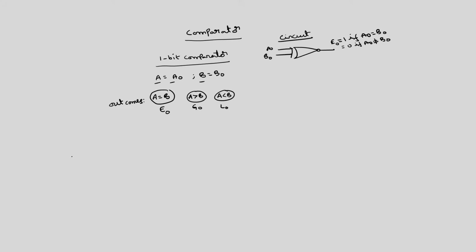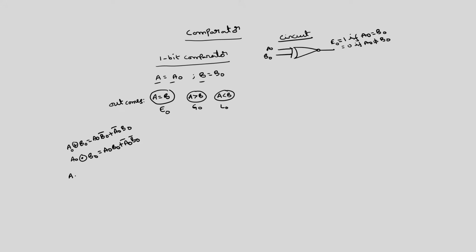Exclusive NOR is A0 exclusive NOR with B0, this is the exclusive NOR operation. A exclusive OR B is A0 B0 bar plus A0 bar B0, whereas exclusive NOR is A0 B0 plus A0 bar B0 bar.